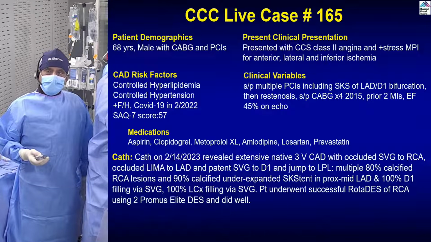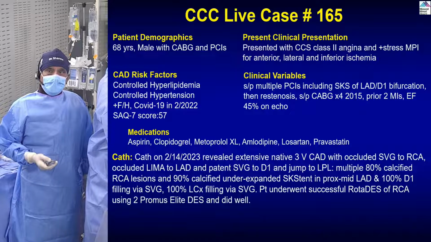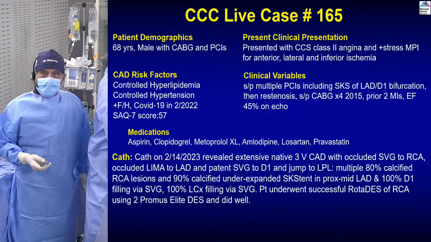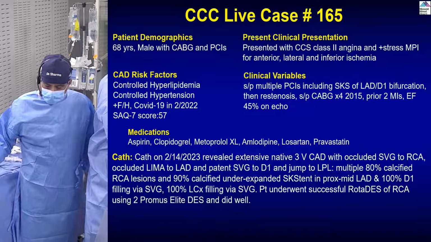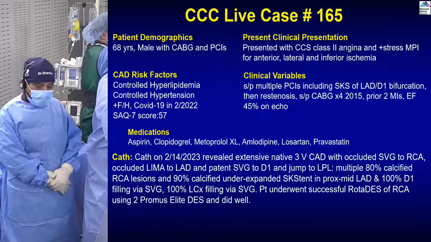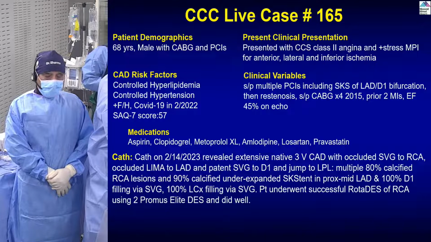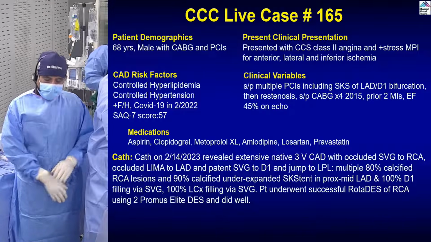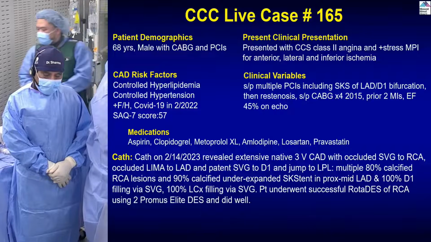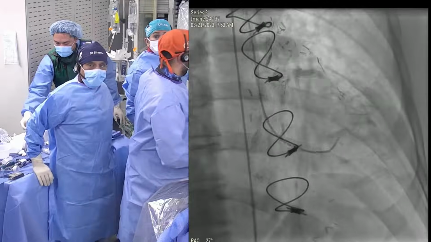He has had a few MIs, EF about 45% on good medical therapy, and did have COVID last year, but SAQ score was 57. From the graft point of view, LIMA is gone, the vein graft to RCA is gone, but there was a jump graft from OM1 to D1 to OM1, which is good. Patient therefore had a PCI of the RCA, and now today is for this underexpanded LAD stent of the SKS limb.